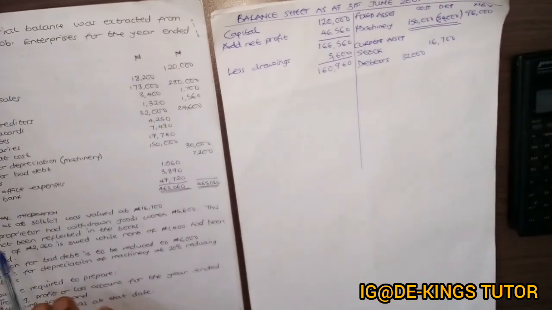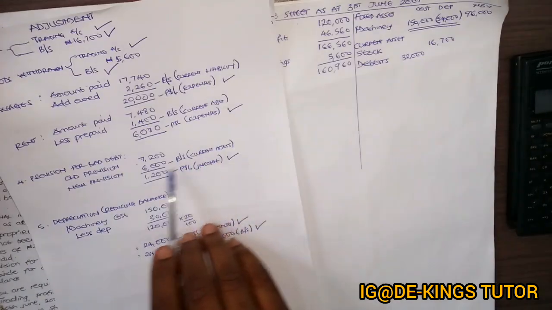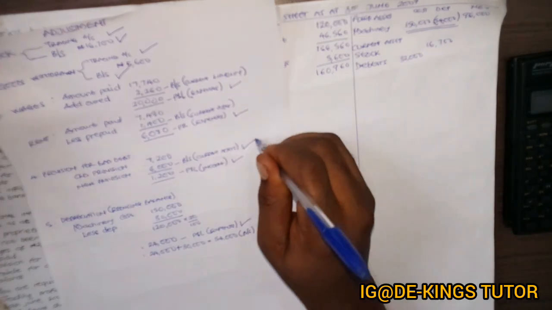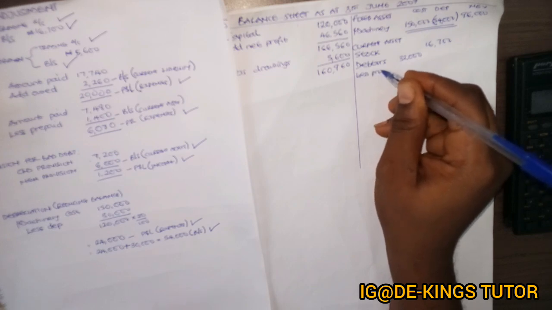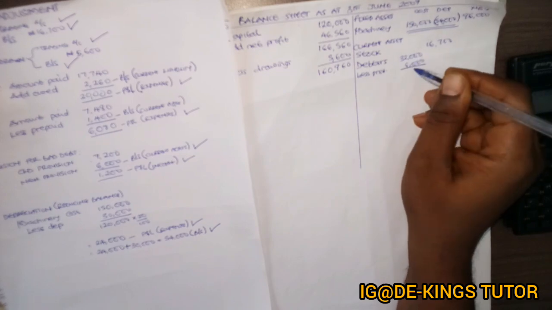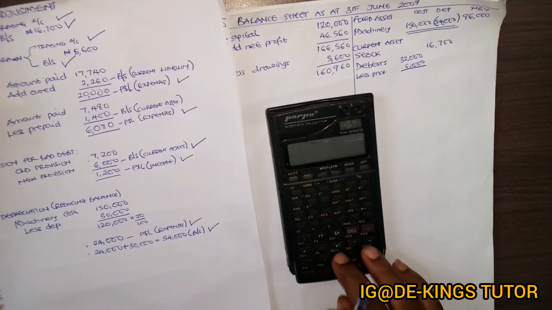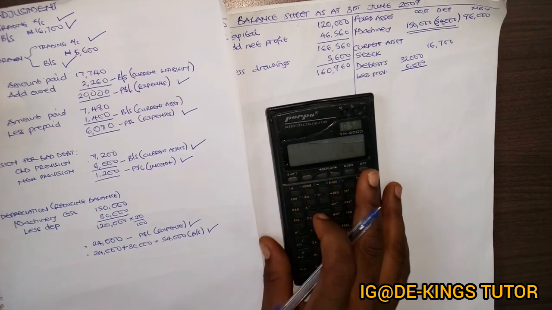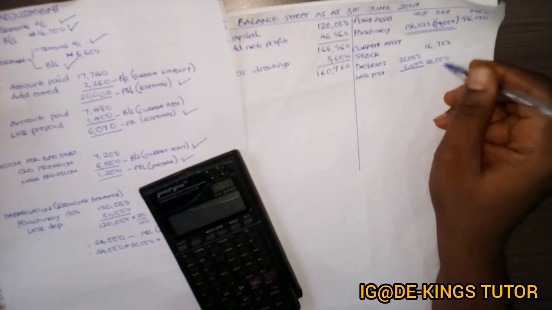Now remember, we had provision for bad debt. This is a provision that is coming to the balance sheet. The new provision, 6,000. So we have less provision for bad debt, 6,000. 32,000 minus 6,000 gives us 26,000.